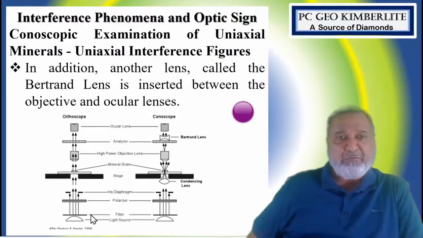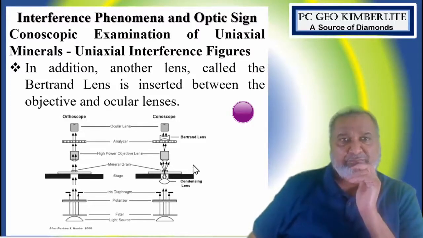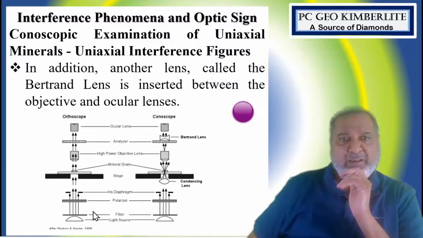Yes, the same diagram we have done has been mounted here, with the same parts. In addition there is another lens called the Bertrand lens, which has been inserted between the objective and the ocular lenses.